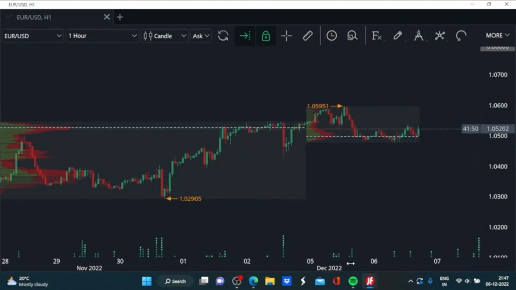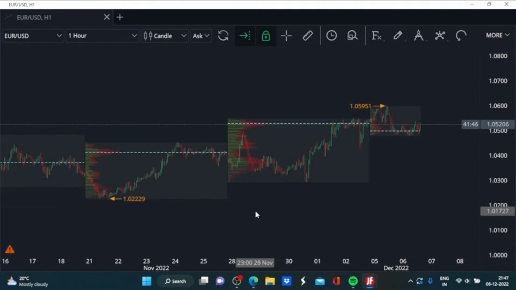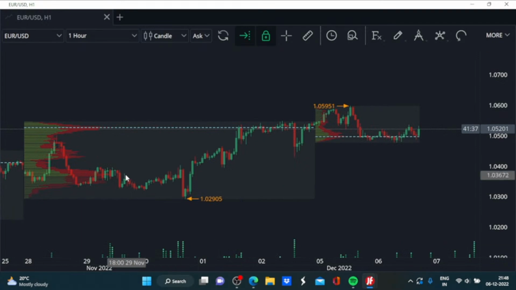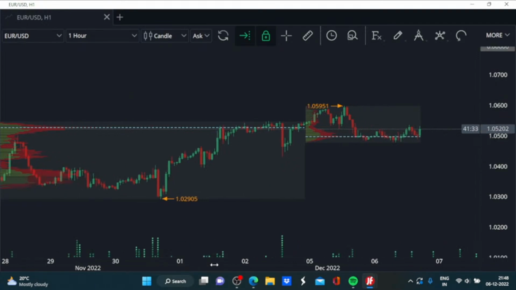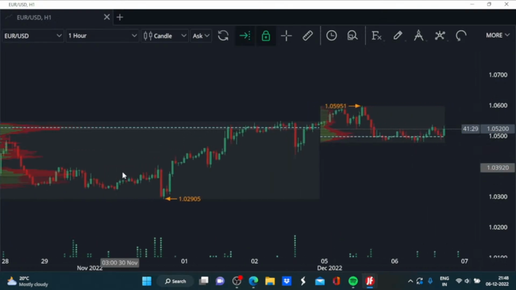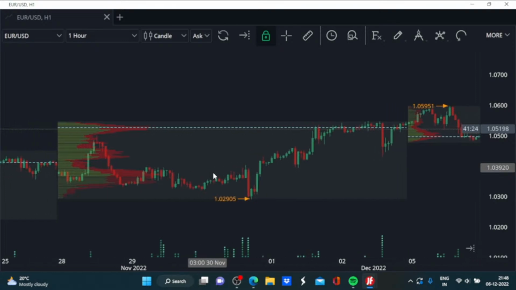Now that the base period is weekly, the whole week's volume data will be taken into consideration, and accordingly you will get to know that for the current week at which price points we saw larger interest by market forces, market participants, and at which price points there was not much significant interest.